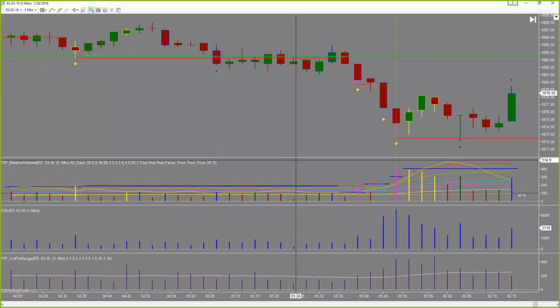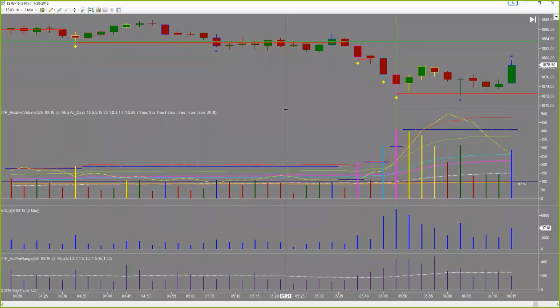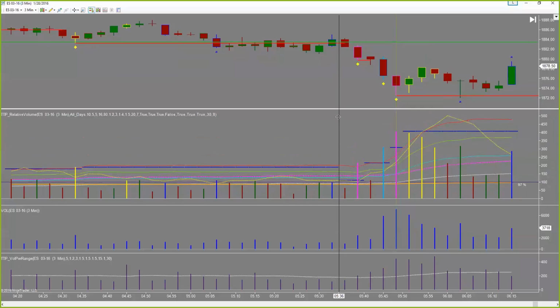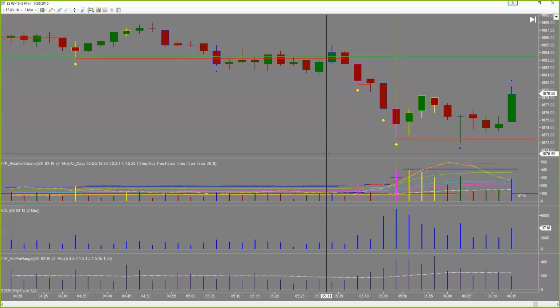So I had to use all these different standard deviation bands, moving average envelopes, look at the high of the past 20 bars or 30 bars, depending on how I set it up, and determine the degree of the spike in the relative volume. So we have 3 different signals for the volume spikes.